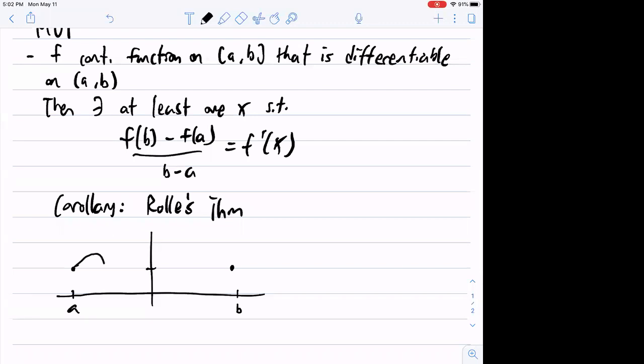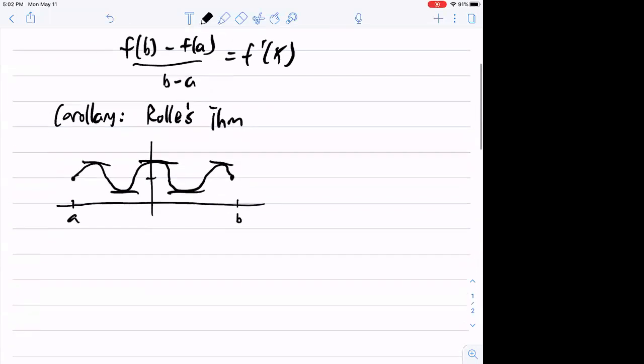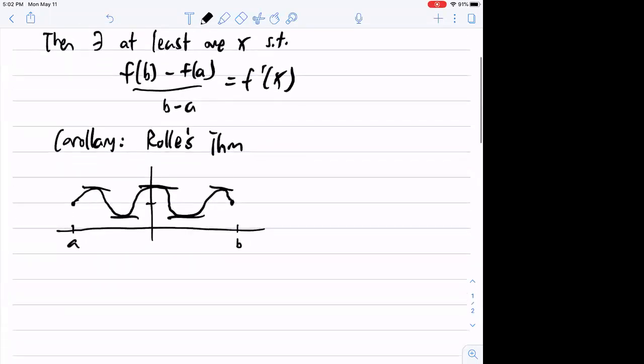Certainly you could have more than one. Here, for slope 0, I have like five of them. So it's not unique, but there is at least one.